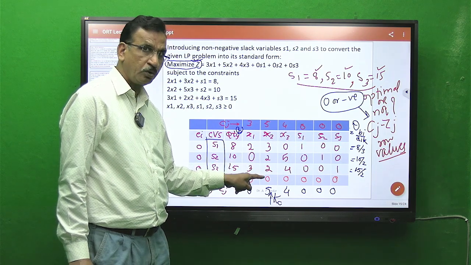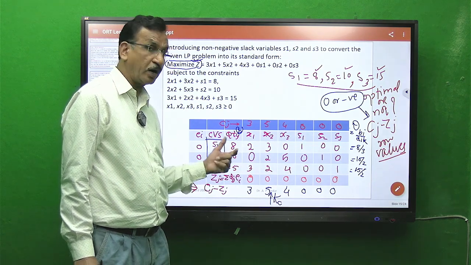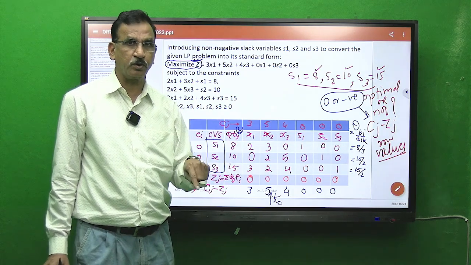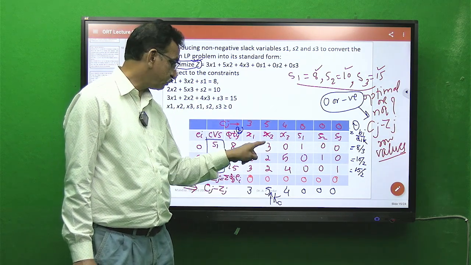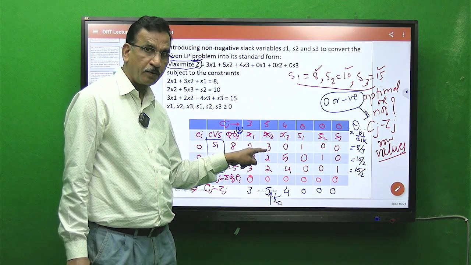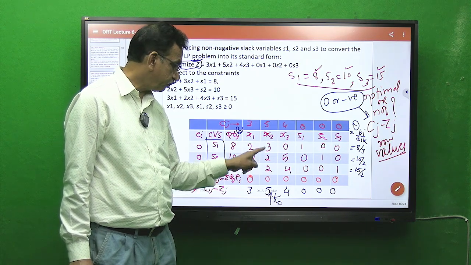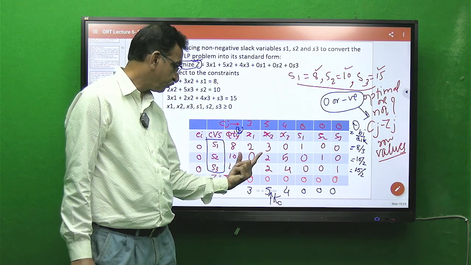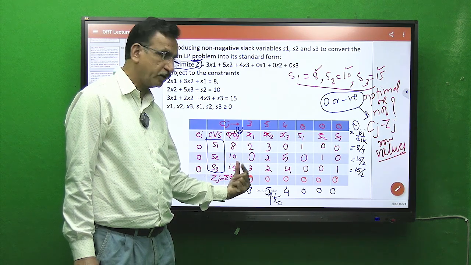Their respective b_i values: i stands for rows, j stands for column. For these values of a_i, for the k column, b_i is 8, 8 by 3, 10 by 2, 15 by 2.